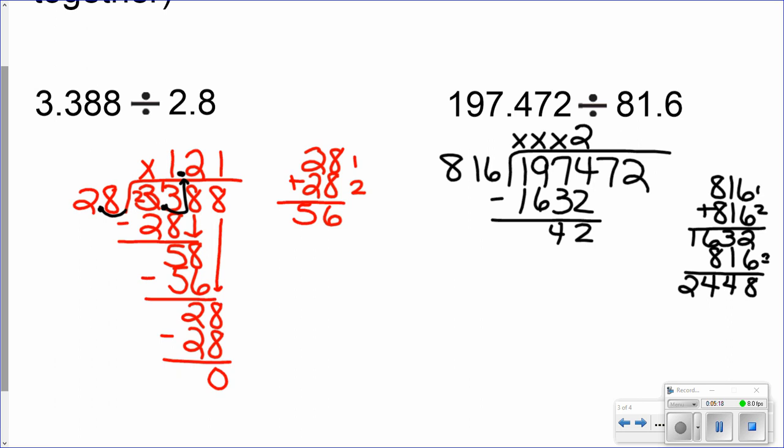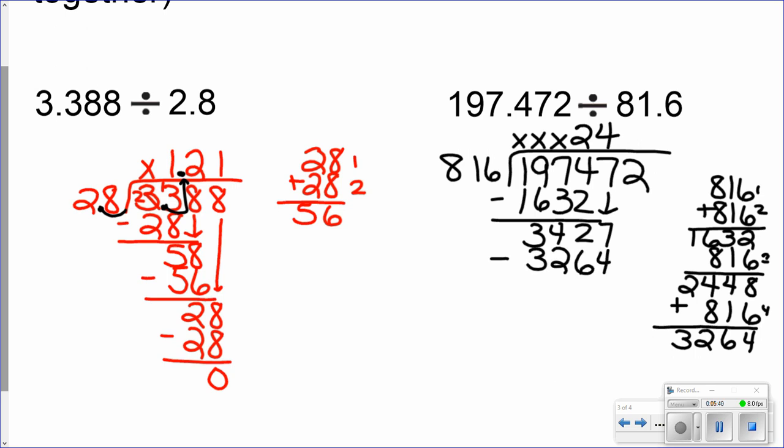Subtract. Bring down the 7. Time to get close to 3,427. And that is 4 times, 3,264. And bring down the 2. And that is twice.